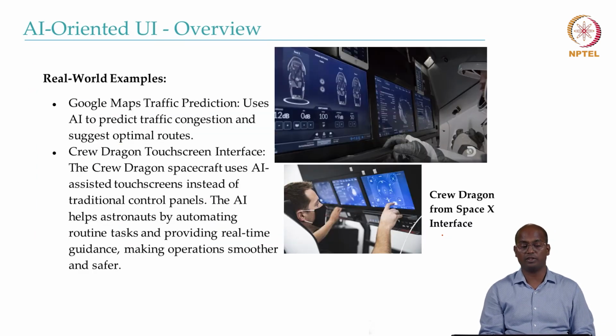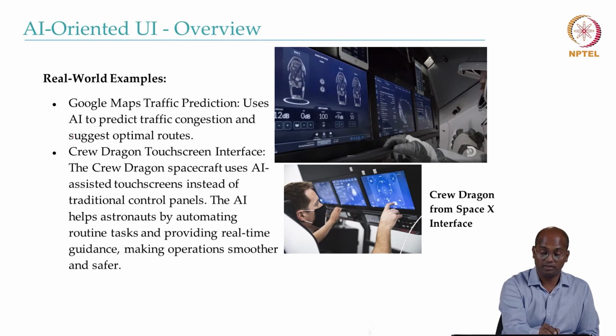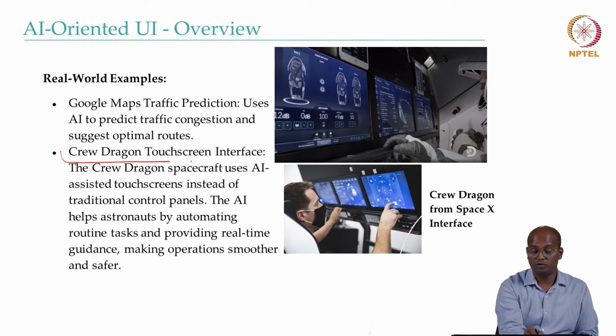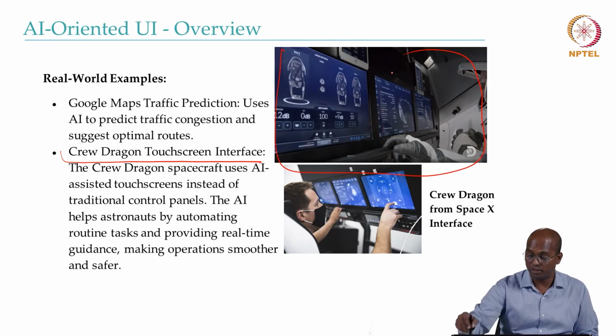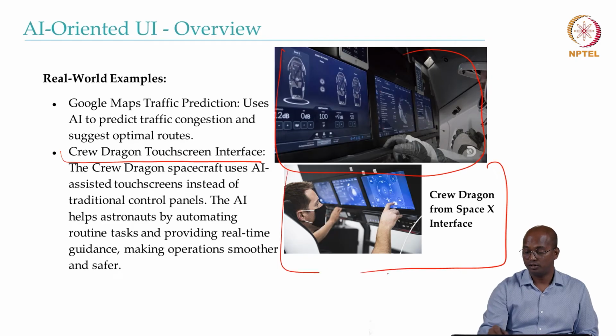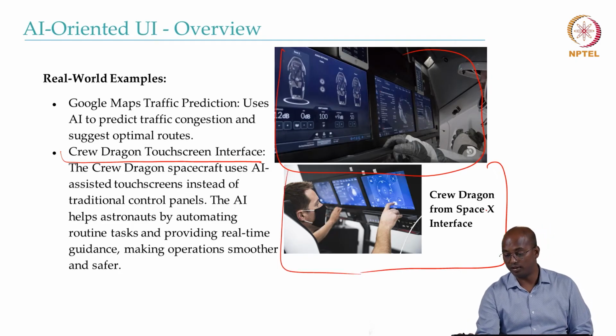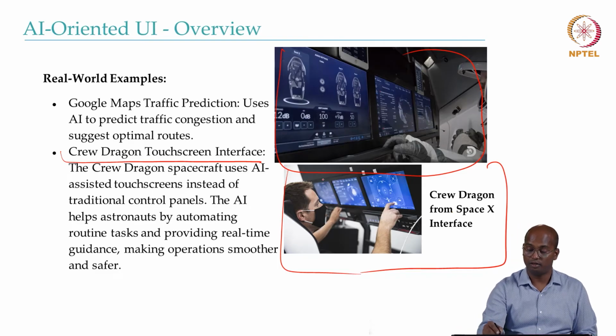Some real world examples that you can see of AI oriented UI. For example, you might have seen the Crew Dragon touchscreen interfaces in the SpaceX shuttle. Here the crew interacts with these interfaces by touching them.